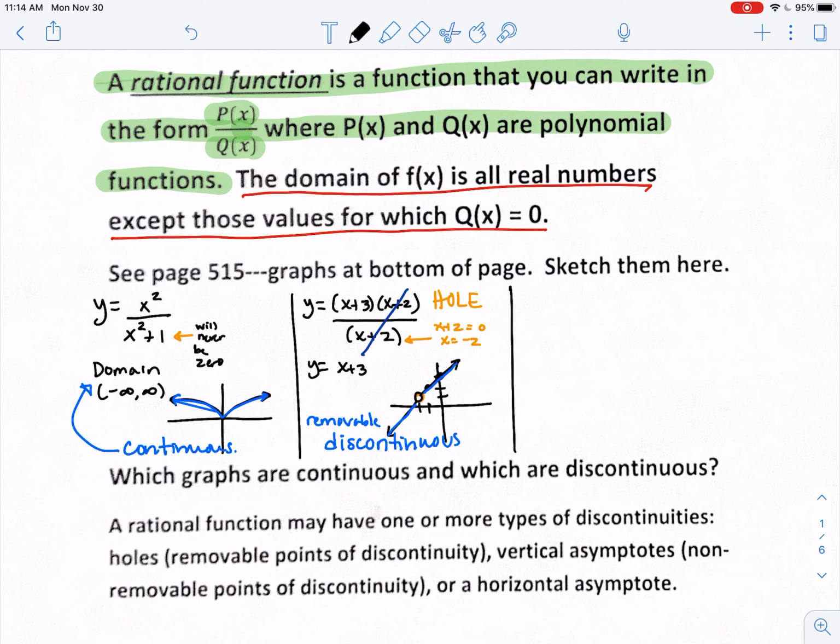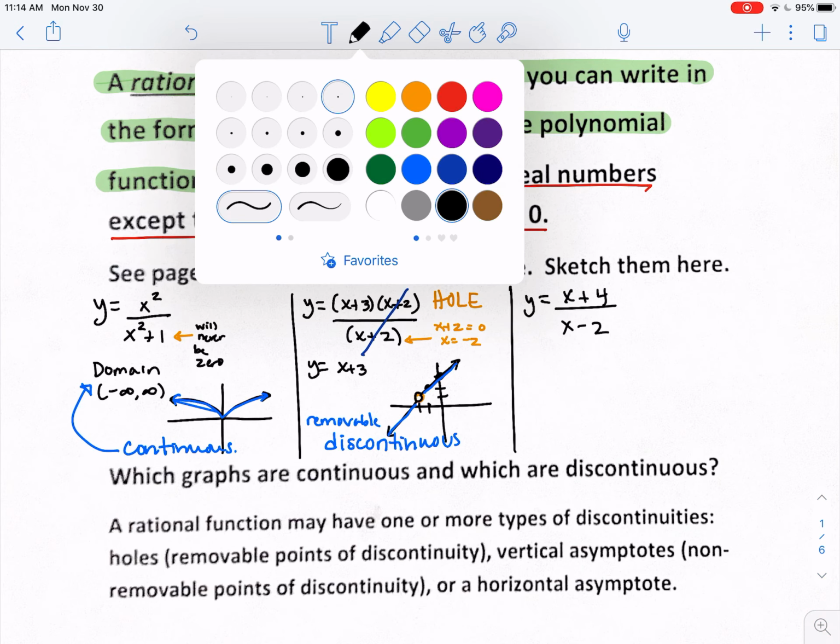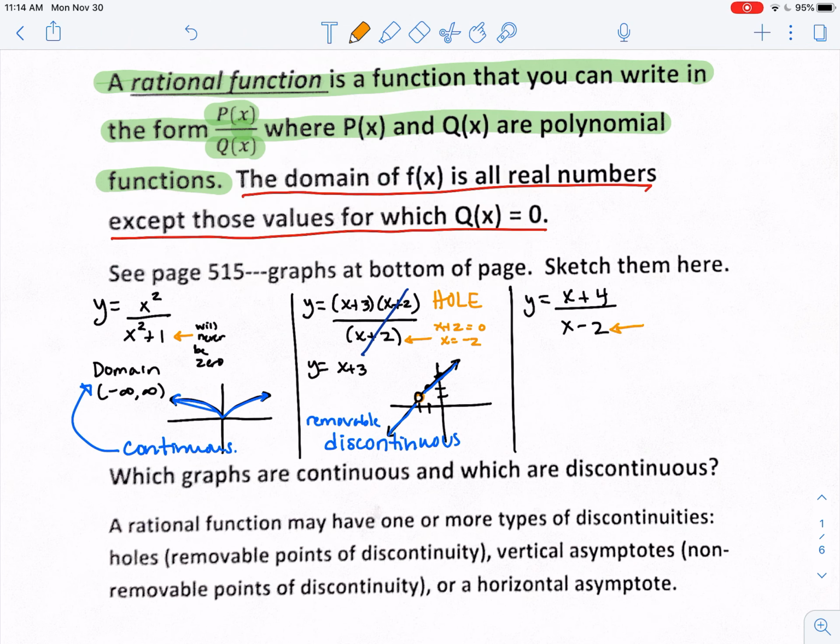Okay? Now let's take a look at this equation: x plus 4 over x minus 2. Looking at this, it looks like I have a possibility where the denominator is going to be 0, and it's going to be at 2.